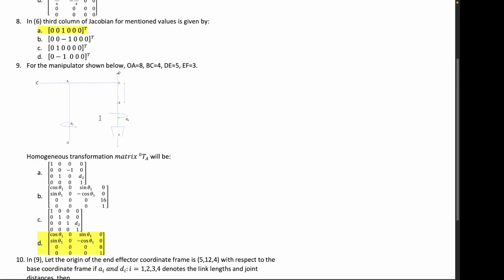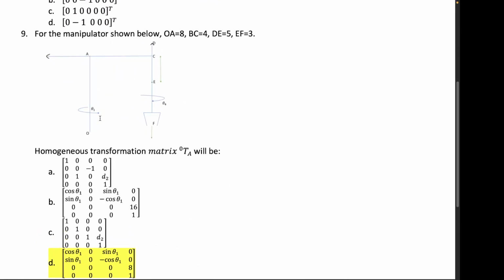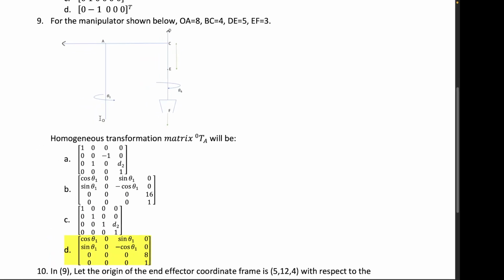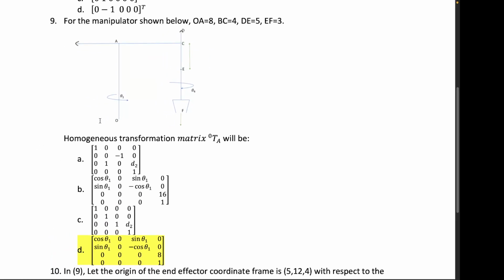Now coming on to the 9th question. We have a system here which has rotation about this axis, then there is a rotation about the EF axis, and we have been given these dimensions OA, BC, DE, and EF.